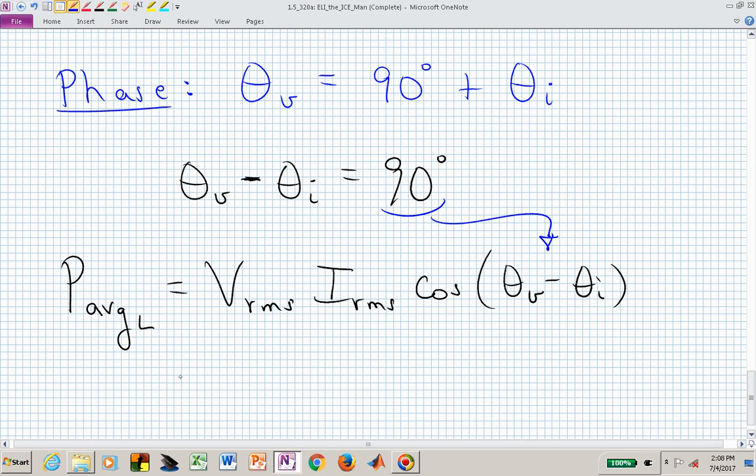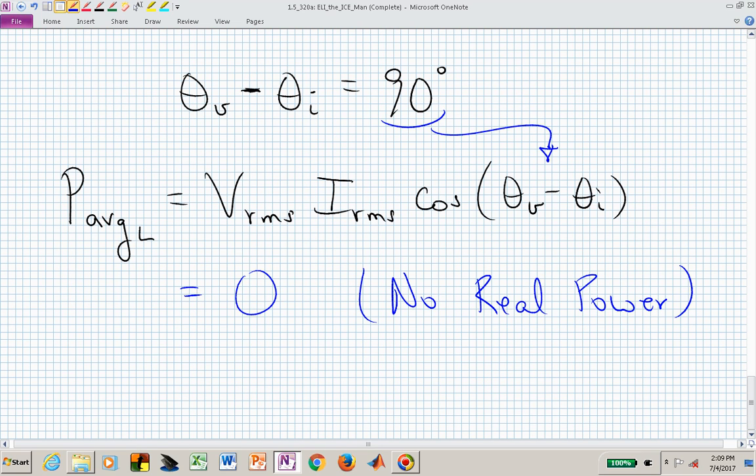If we remember some of the trig information that we should be comfortable with, cosine of 90 degrees is actually 0. So now the average power of that inductor is 0, or we have no real power being absorbed by that inductor. And now you might ask, well, what's going on?